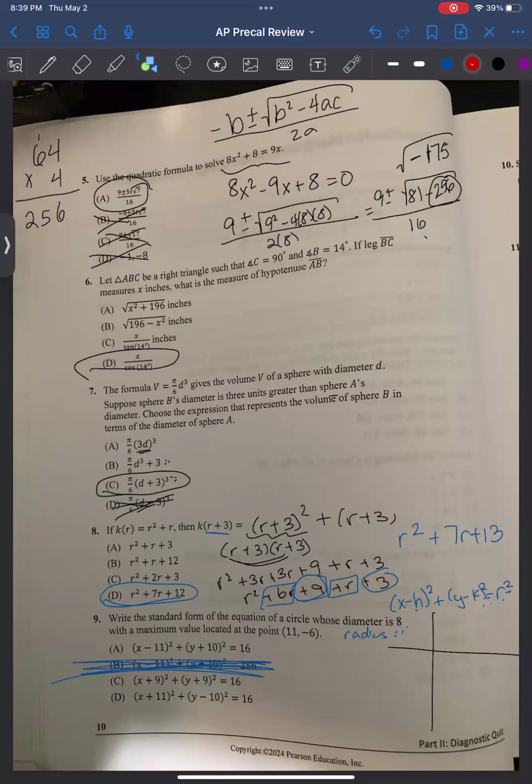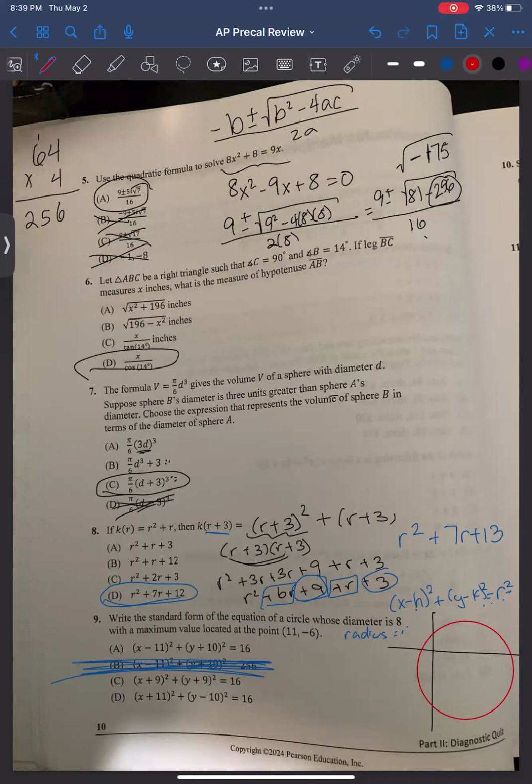So something like that. My radius is where we have to pay attention. My radius is 4, right?